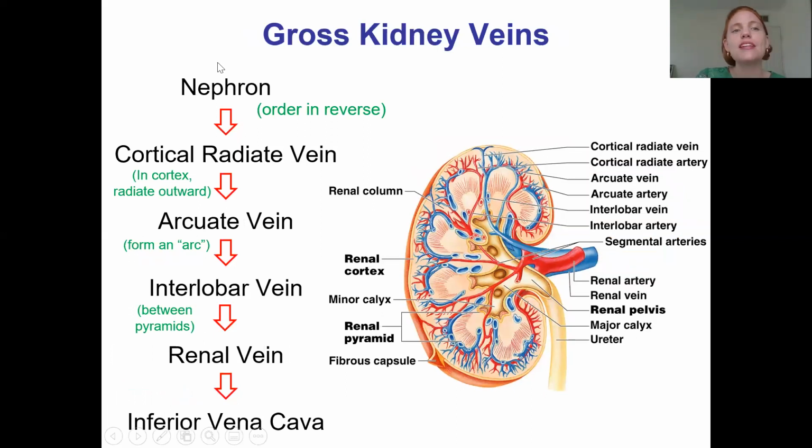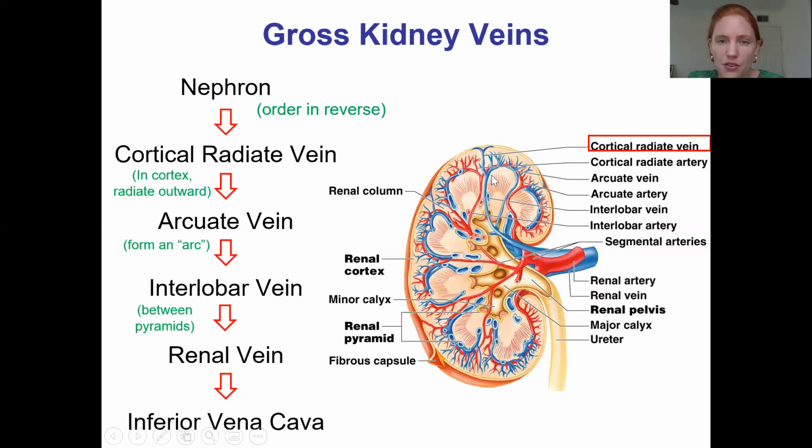Okay, so from the nephron, they'll be drained into the cortical radiate veins. Please notice that it's pretty much just the backwards pathway that we just went. There is one major exception that I'm hoping you will guess or find as we go through. Okay, so here we are in the cortical radiate veins. Again, they're in the cortex and they radiate out like starbursts on the outside there.